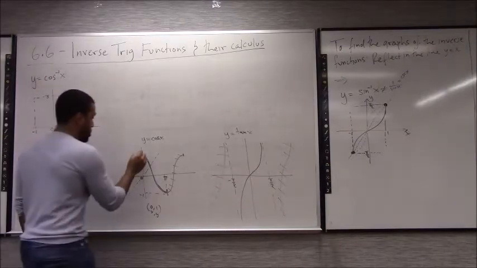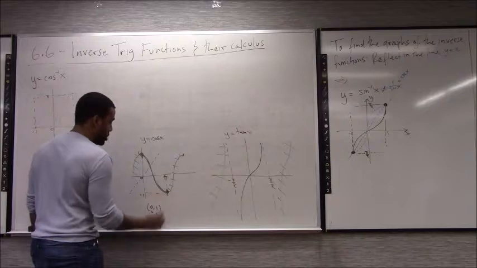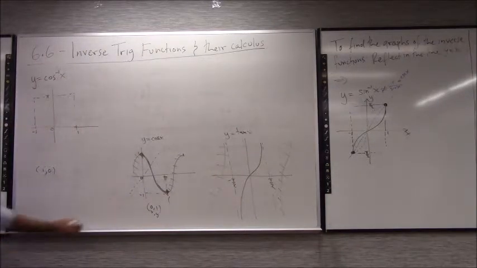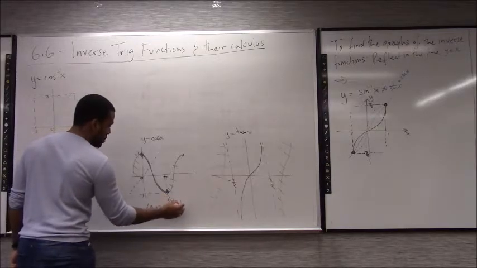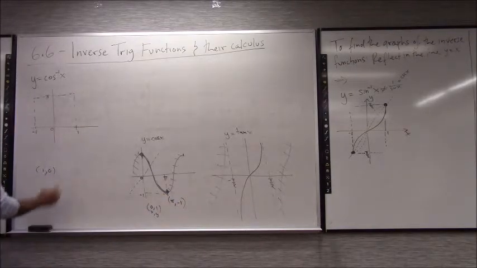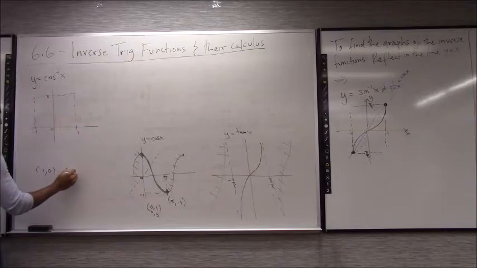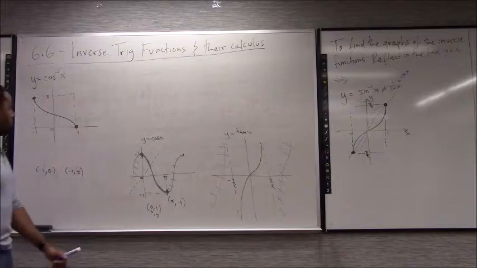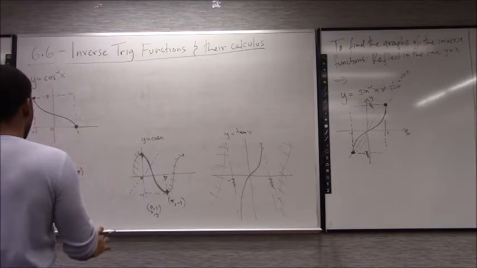And that would give us this point. What about this point here? This would be the point where our x is pi and our y is minus 1. So over here, we should have minus 1 comma pi on our graph. So we draw this guy like that.